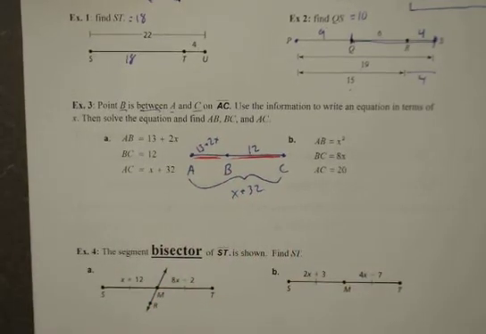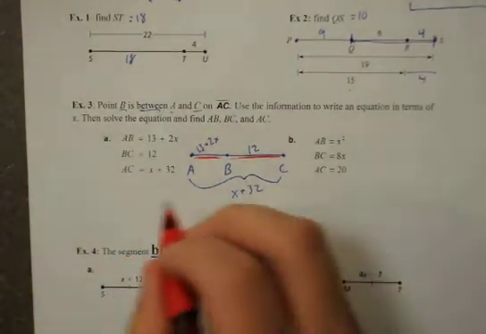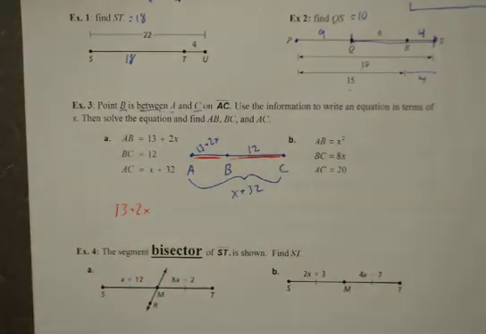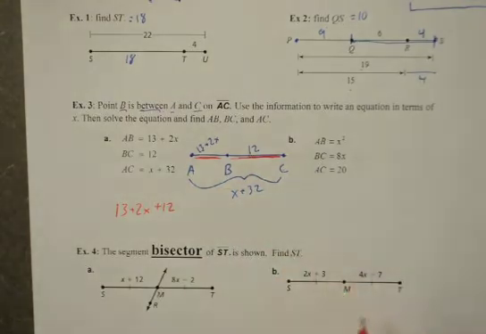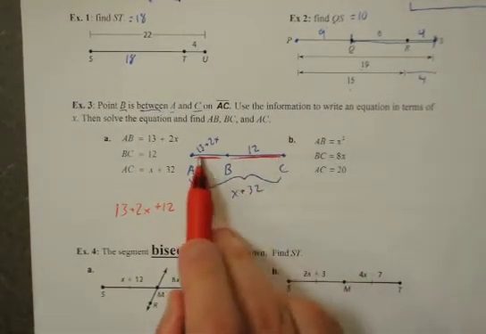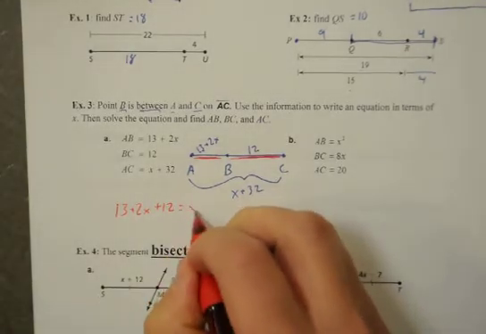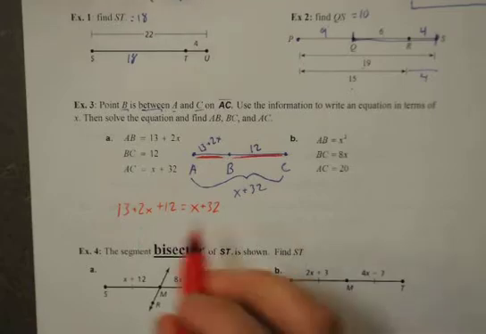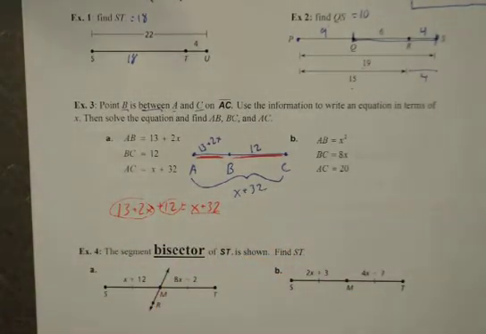So here's the equation. The equation looks something like this. 13 plus 2x, so this piece, plus 12, this piece. So if I add these two pieces together, it should equal x plus 32. There we have it. That's our equation. I've got my two pieces, and it adds up to the entire length of x plus 32.